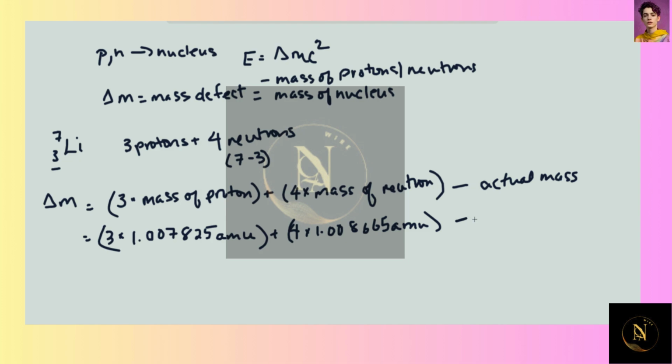And we know the actual mass of our nucleus is 7.016003 AMU. So in this case, the mass defect is equal to 0.042132 AMU.